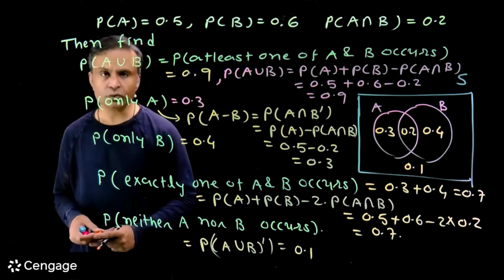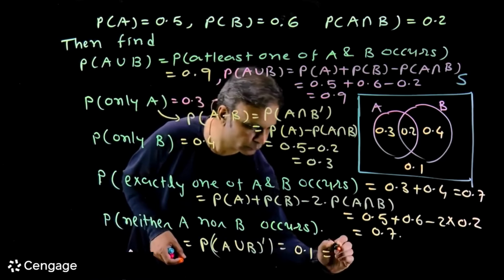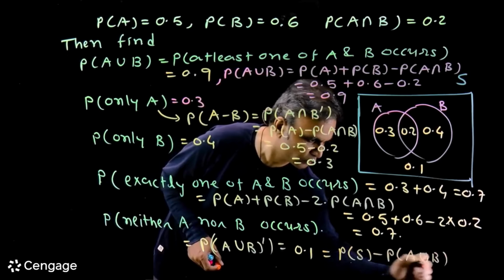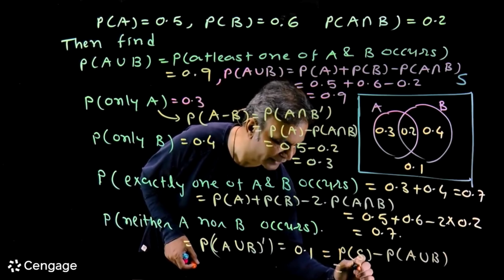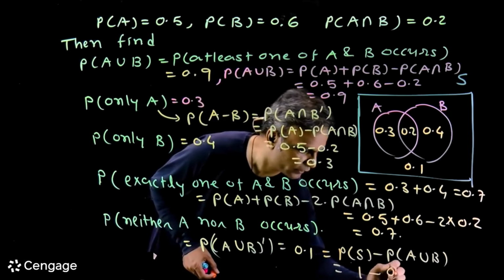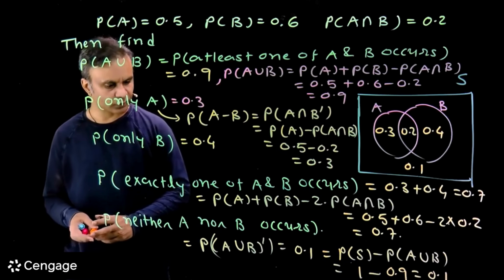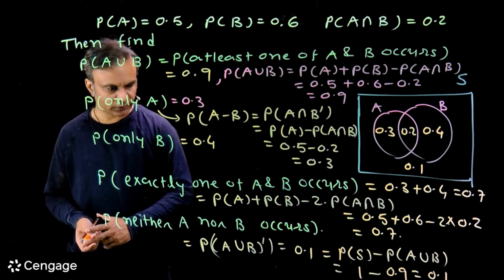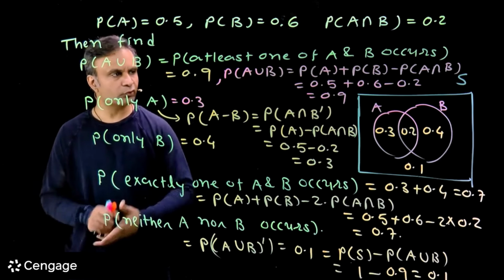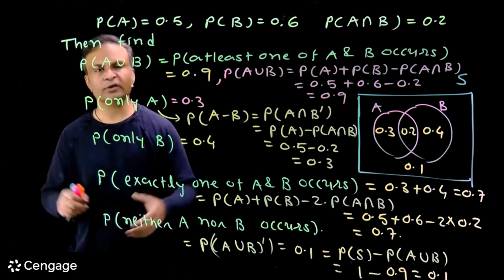So this is equal to 0.1. Okay, using concepts of set theory, this is equal to probability of S minus probability of A union B. Probability of sample space S is 1. Probability of A union B is 0.9. So this is equal to 0.1. ठीक है ना. तो neither A nor B इस इवेंट का जो probability है वो 0.1 हो जाएगा. तो हम दोनों तरह से कर रहे हैं. We are using Venn diagrams as well as formulas.